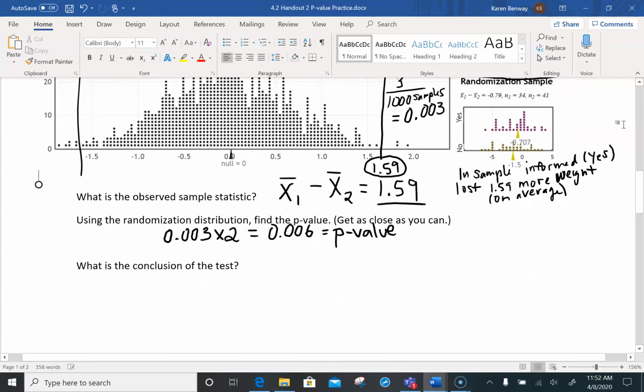Now, testing at a 5% level of significance, my alpha is 0.05. In this case, the p-value is smaller than that, so it's strong enough to reject the null hypothesis.